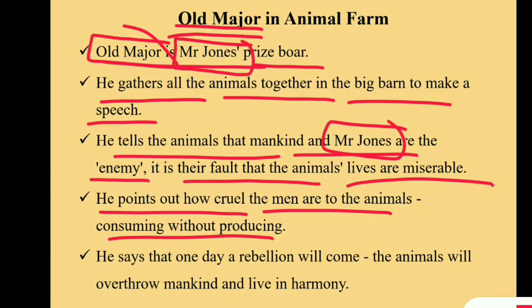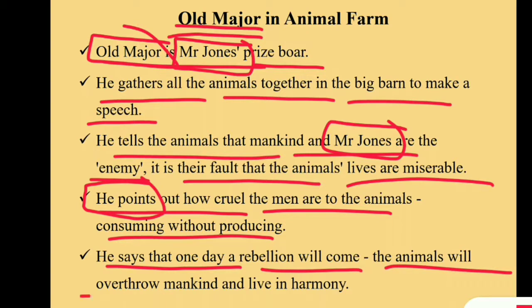He points out the shortcomings of this government or this person. He says that one day a rebellion will come. The animals will overthrow mankind and live in harmony. So it shows the throwing out of the power which is prevalent right now.